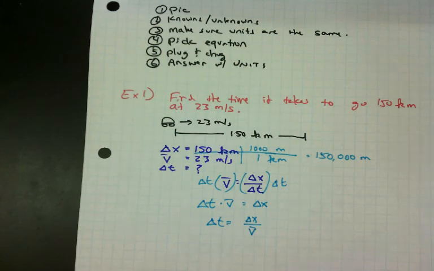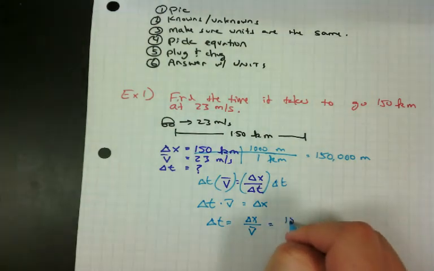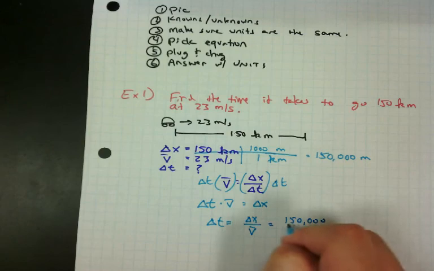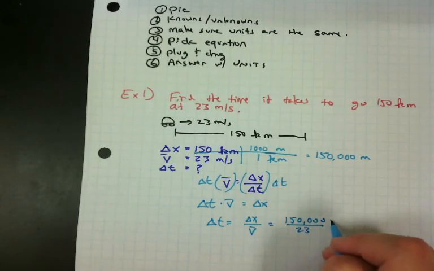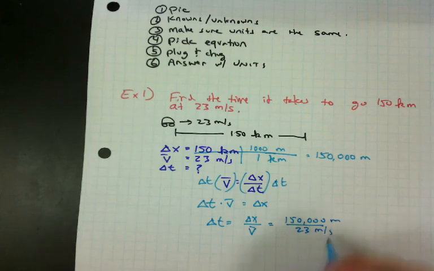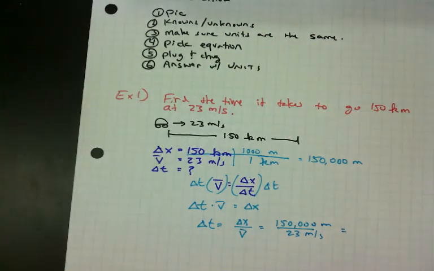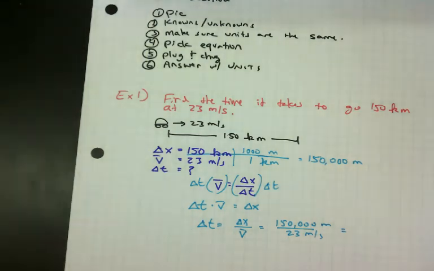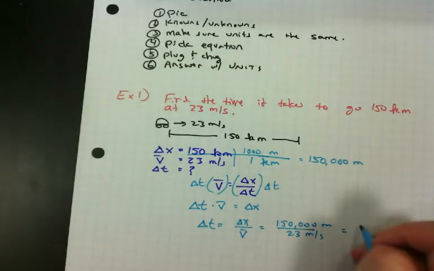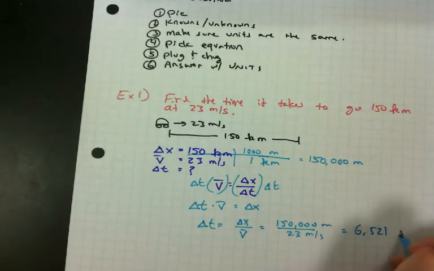Now I want to show you why I did that. If I take 150,000 meters divided by 23 meters per second, I'm just going to solve that real quick because I want to make sure to finish this. I get 6,521 seconds, right?